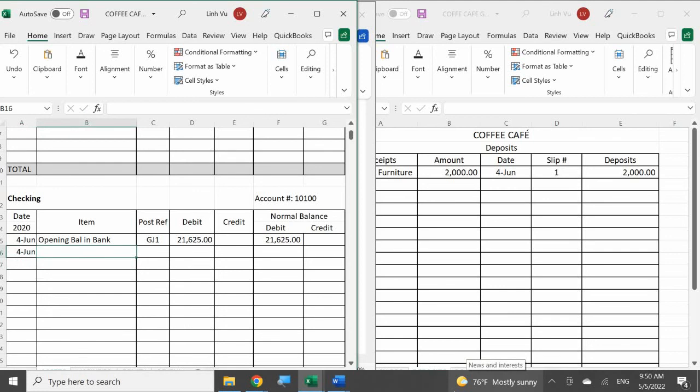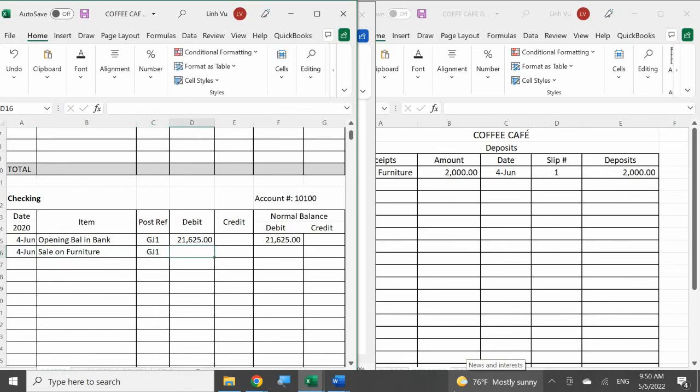So checking account, I got sale on furniture. Right, we're still on our first page.